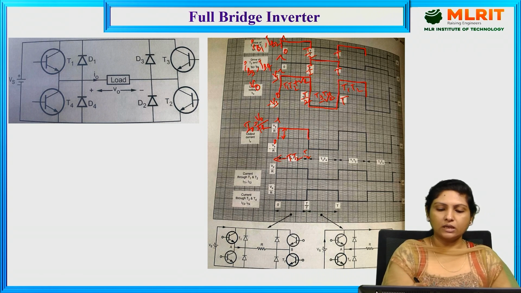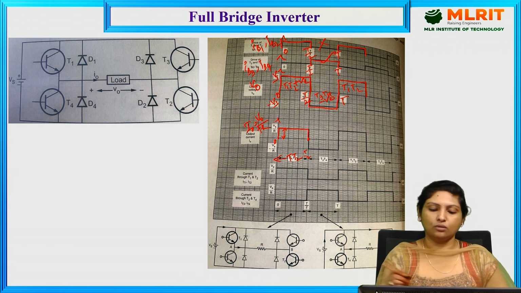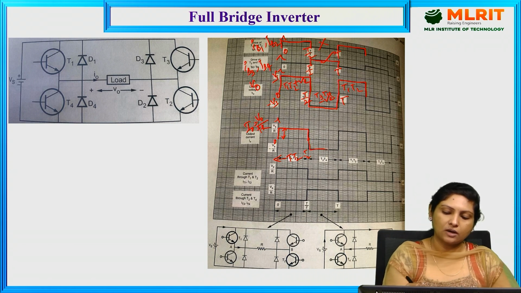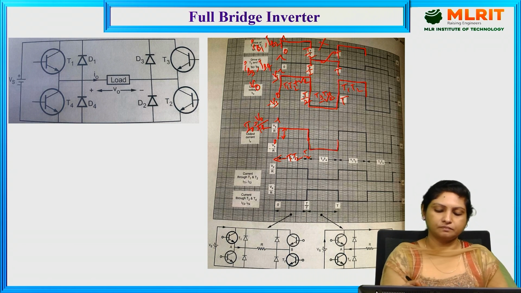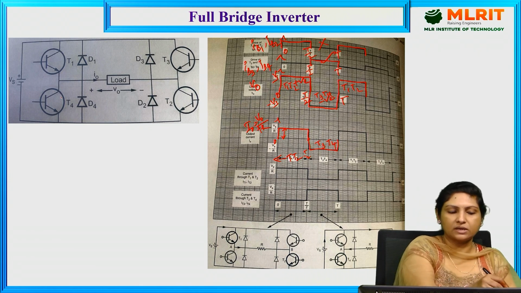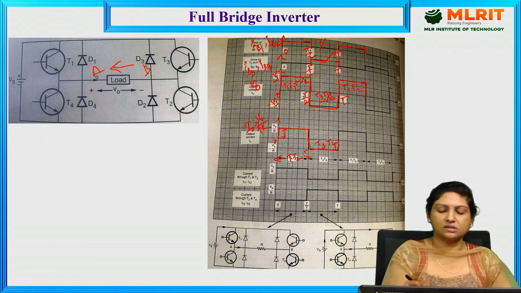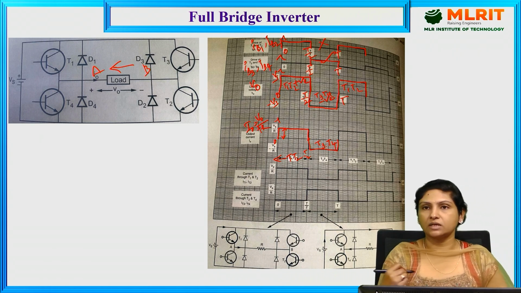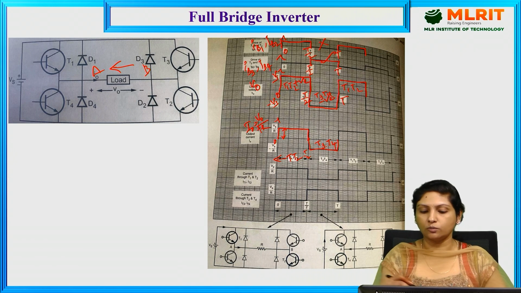The moment it reaches instant T by 2, we withdraw the base drive for transistor 1 and 2 and provide it for transistor 3 and 4. Transistor 3 and 4 conduct, and this is the output current waveform due to T3 and T4. T3 and T4 conduct current from B to A, reverse to the first case. That is how the negative half cycle of the output voltage and the output current is controlled.